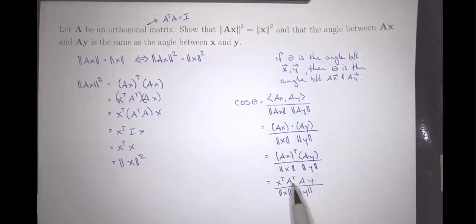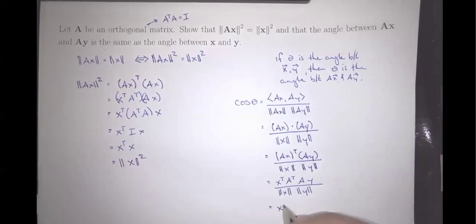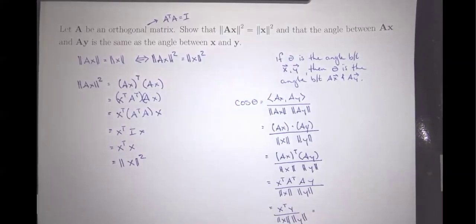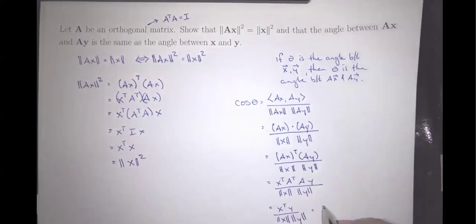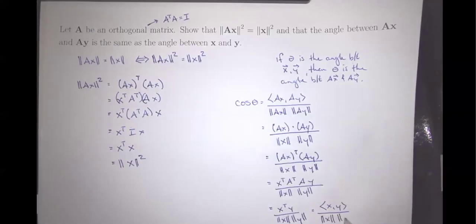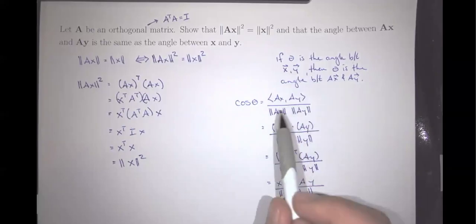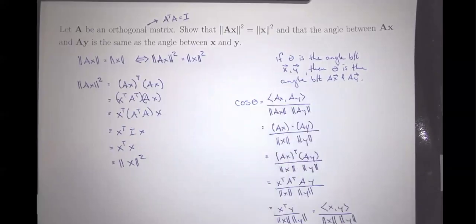We know that since this is an orthogonal matrix, A transpose times A is the identity. So we've got X transpose times Y over the length of X, length of Y, and X transpose times Y is the inner product of X and Y. So this formula at the end is the angle between X and Y. The formula that we started with was the angle between AX and AY.